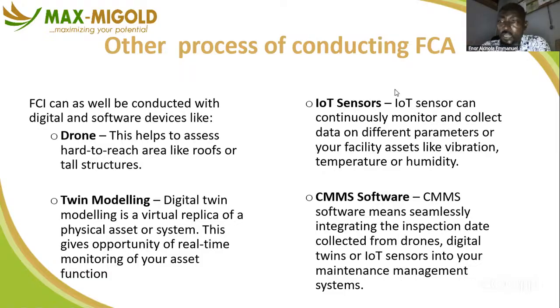Then IoT sensor, that is Internet of Things. Your IoT sensor can continuously monitor and collect data on different parameters of your facility assets like vibration, temperature, or humidity. So when the temperature of the building is on the high side, you can deduce what is actually going to happen to the building.